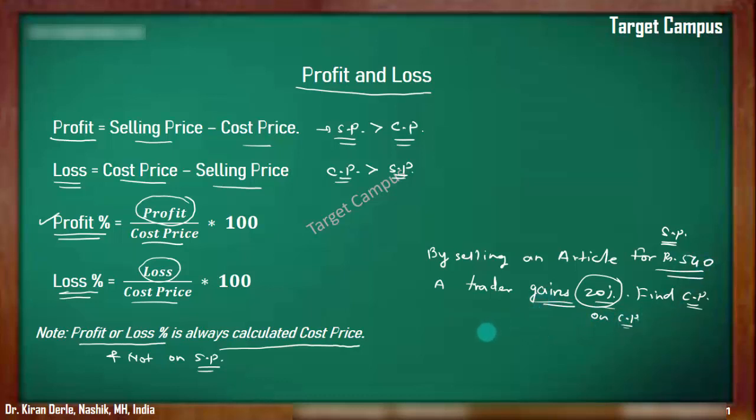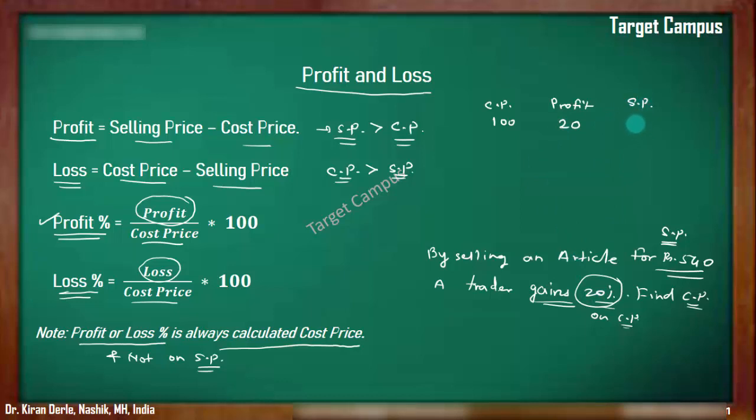So how can we calculate cost price? In this case, there are two, three methods to calculate. Let's say, for example, if cost price is 100, profit would be 20 rupees, because 20% is the profit. So what would be the selling price? Selling price is rupees 120.